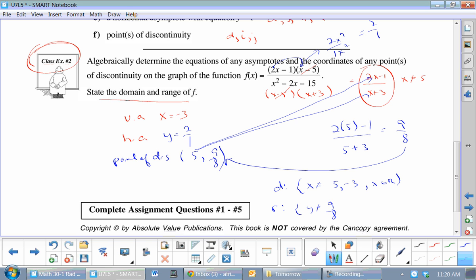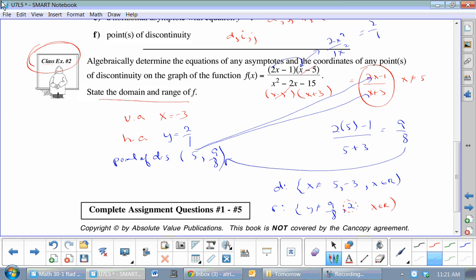Nine over 8. How do you get 2? Now, last class didn't like this one very much. Okay? Why do you think there's a controversy about 2?